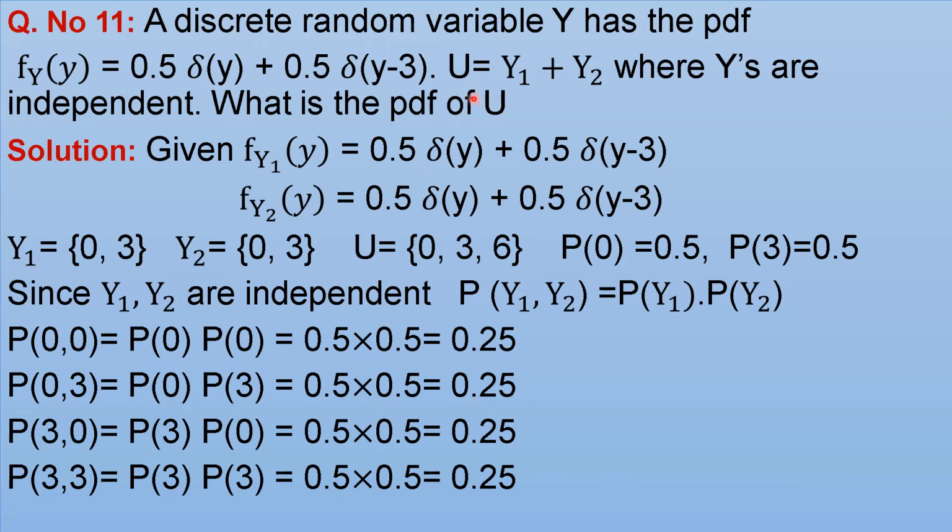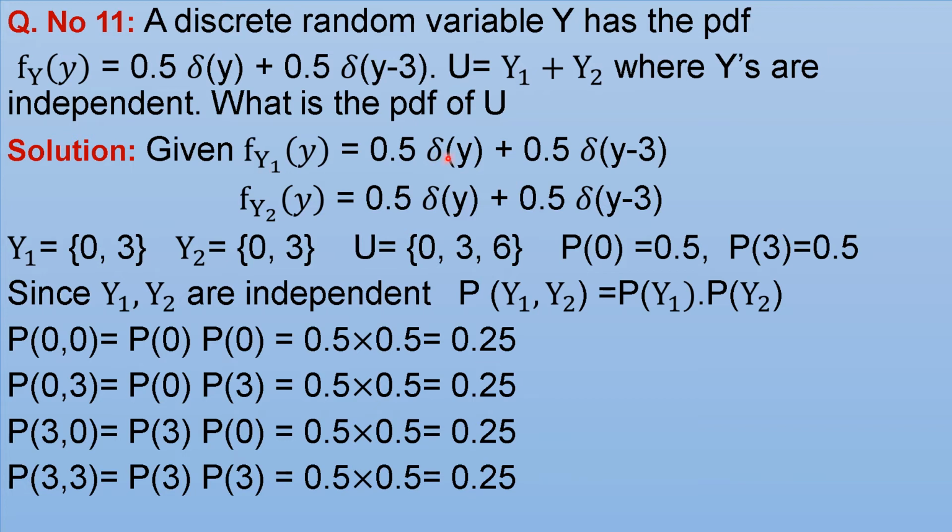Now for y1, the probability density function fY1 of y is 0.5 into delta of y plus 0.5 into delta of y minus 3. Similarly for y2, the probability density function fY2 of y is 0.5 into delta of y plus 0.5 into delta of y minus 3. From this probability density function for y1 and y2 expressed in terms of the unit delta function, we can identify the y1 values.